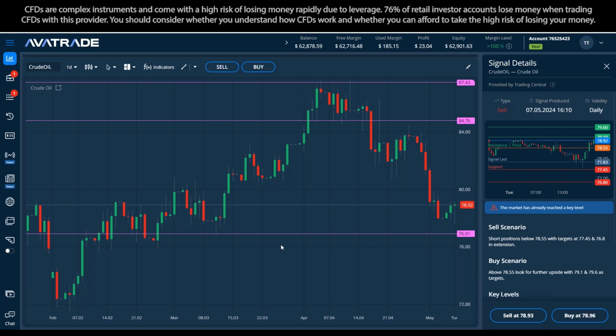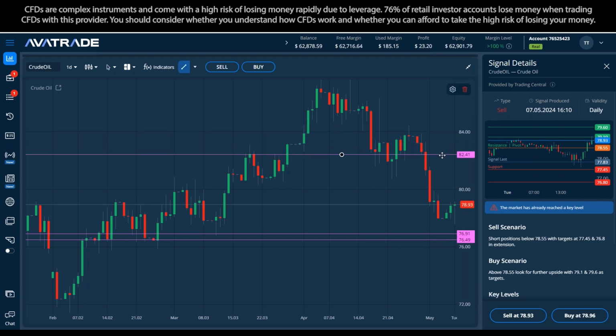We're looking at one-day candles here. Would be to put a stop loss below the one-day candle support, which is down here, maybe 76.50, and a take profit near the first resistance level, maybe on the upside, which is up near 84, maybe up here.